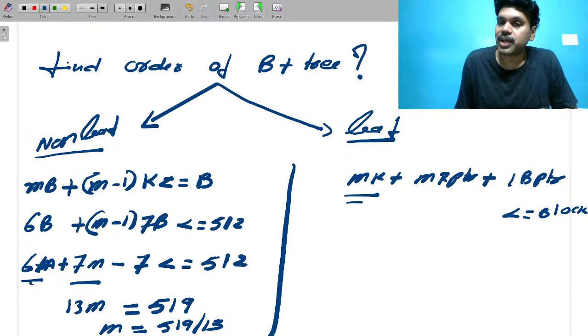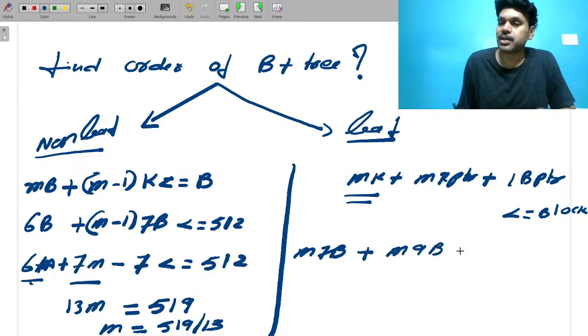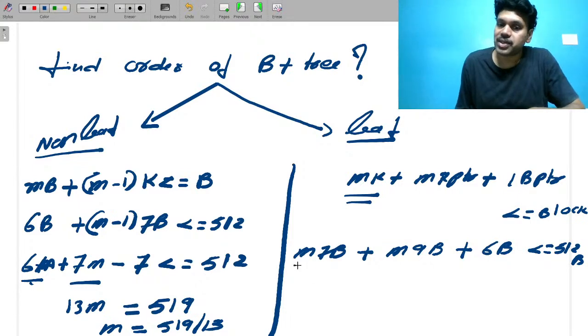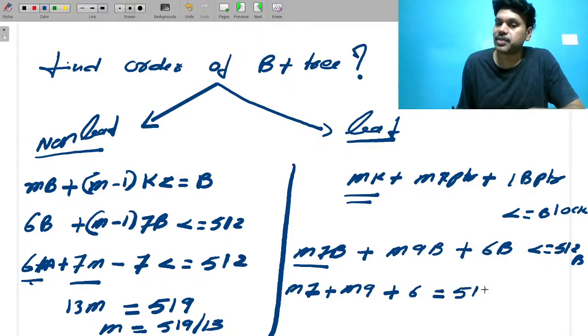And here also M keys. Key size is 7 bytes, M record pointers are 9 bytes, and one block pointer is 6 bytes, lesser than or equal to 512 bytes. Now this is 7M plus 9M plus 6 is equal to 512.